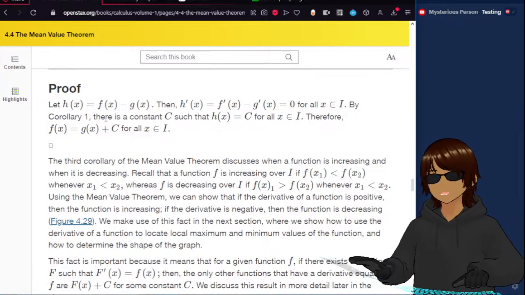By corollary 1, there is a constant c such that h of x is equal to c for all x in an open interval I.